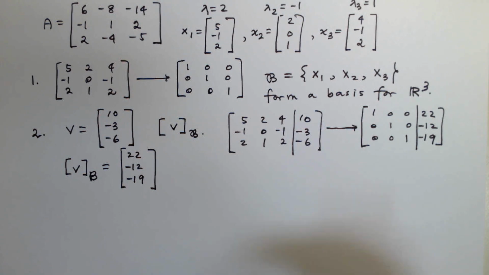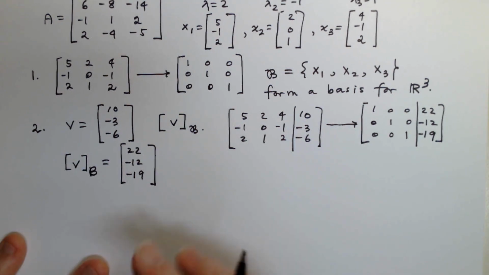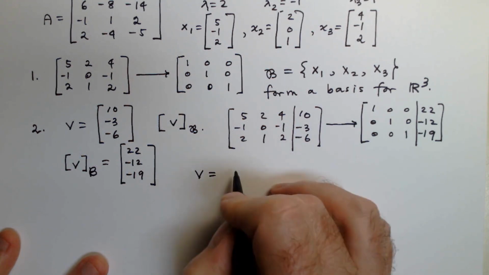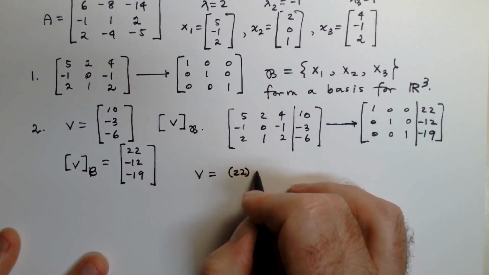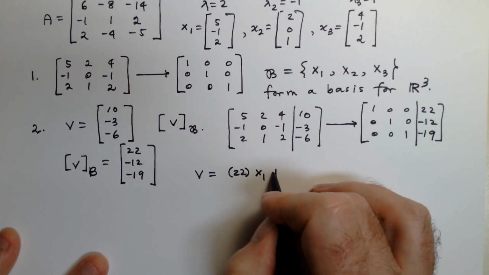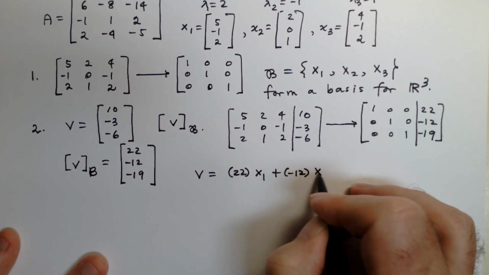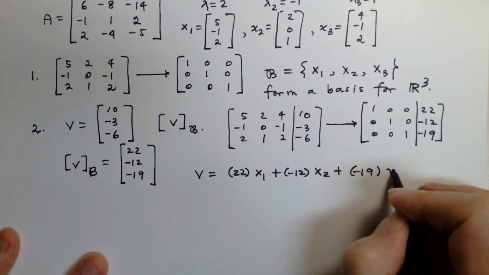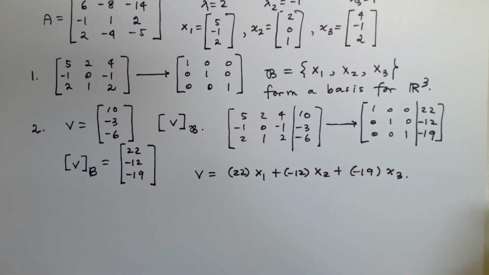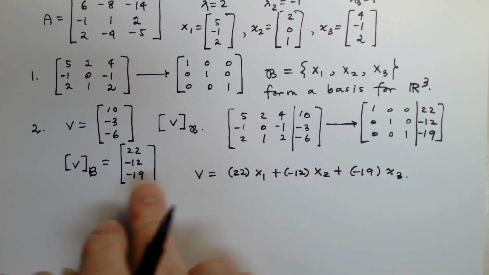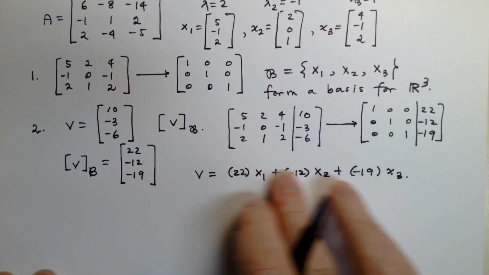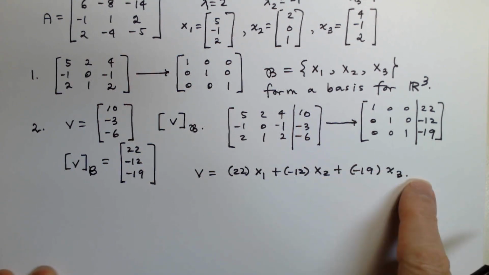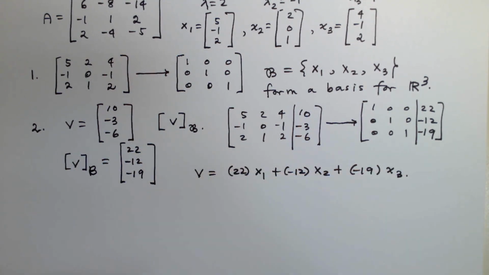But for the purposes of what we're about to do, it's better just to think of what we've done as showing that v can be expressed as 22 times x1 plus negative 12 times x2 plus negative 19 times x3. You'll see, for the purposes of where we're going, that although this is true, this is a better way to think about what we're doing. We've got the vector v now expressed in terms of this basis x1, x2, and x3 using those coefficients.